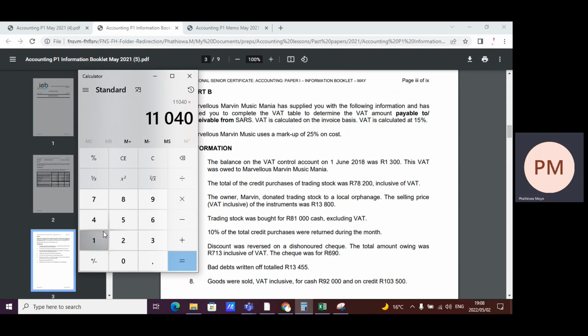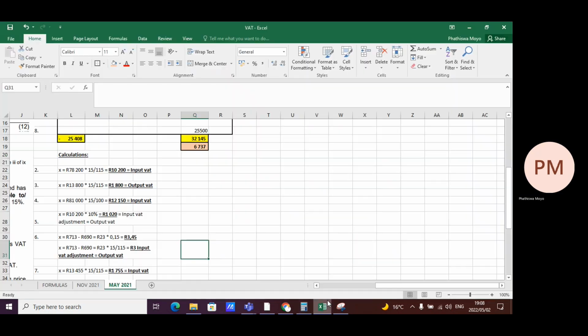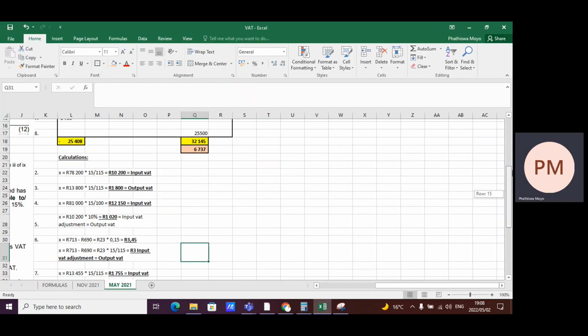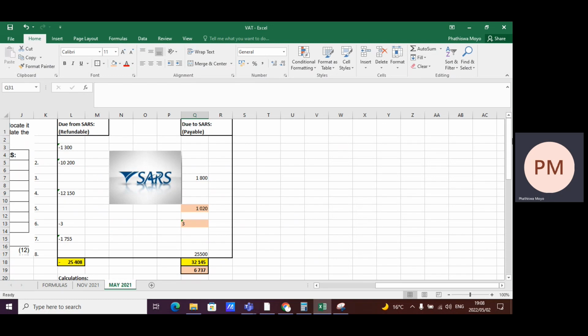There. So then it means the donation is recognized at cost. The output VAT on it can be limited to or apportioned to cost.